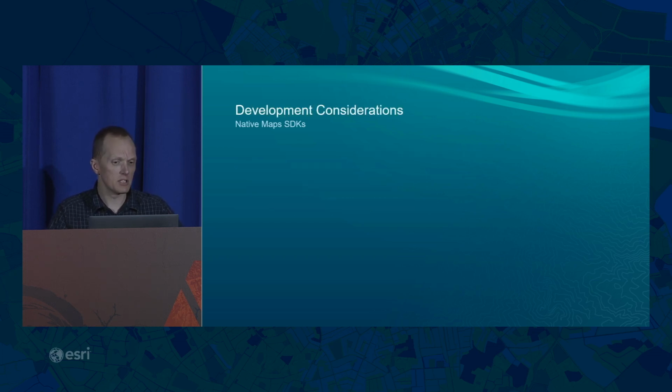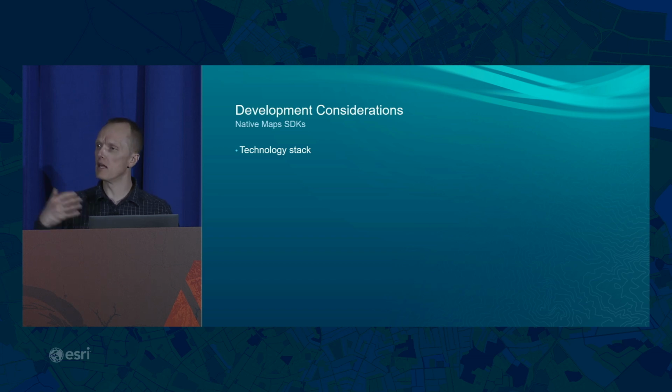Some of the development considerations then for the native Maps SDKs: what's the technology stack that the actual underlying platform itself is built on? So .NET, Java, Qt. These platforms are all built on technology stacks. You may, for example, need another component from another vendor, a third-party component for connecting to a device or a peripheral.